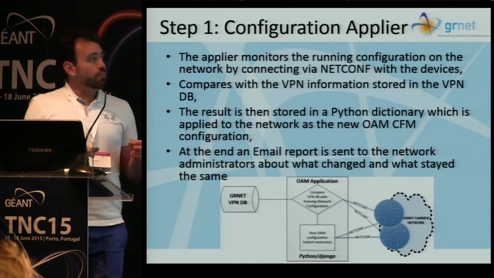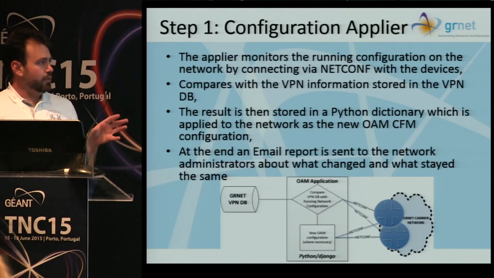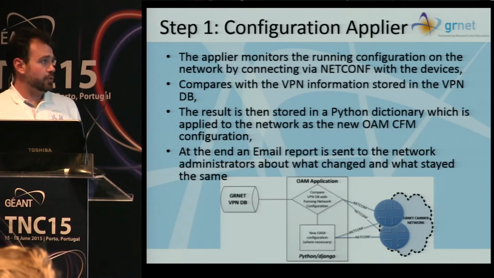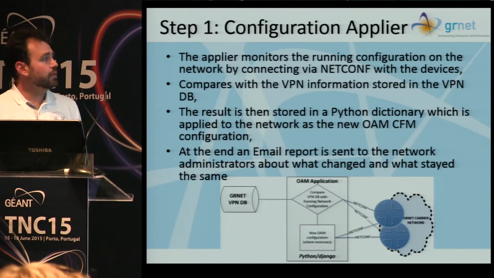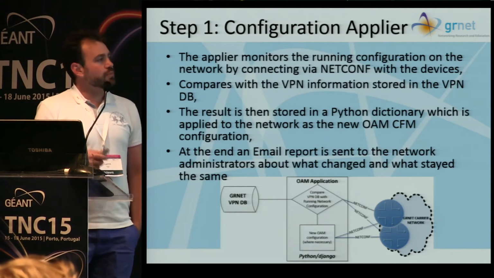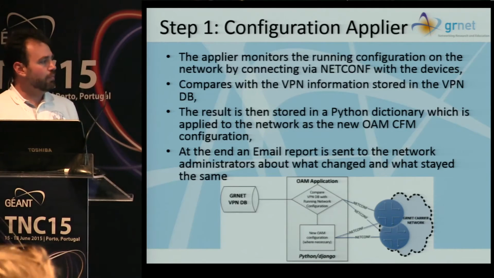This configuration is pushed to the routers, and there is a reporting message to the operation team, saying that we have identified the new VPN, the configuration has been pushed successfully, and now we measure this VPN.